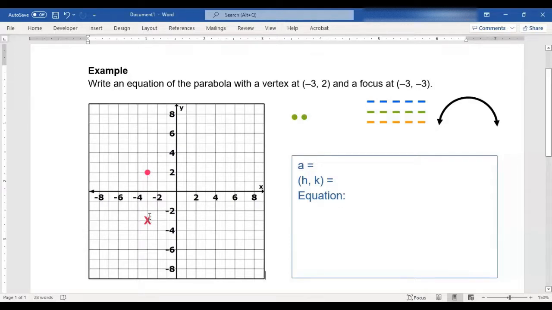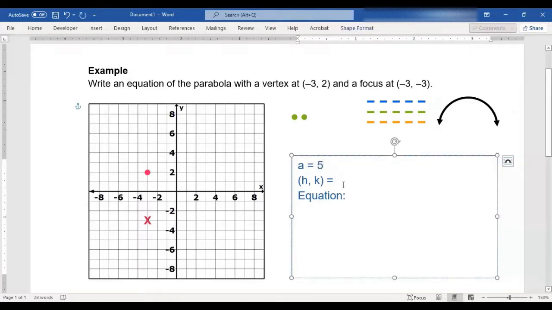So I'm going to figure out what A is: 1, 2, 3, 4, 5. A is 5. And HK is the vertex, so we have -3, 2 for our vertex.